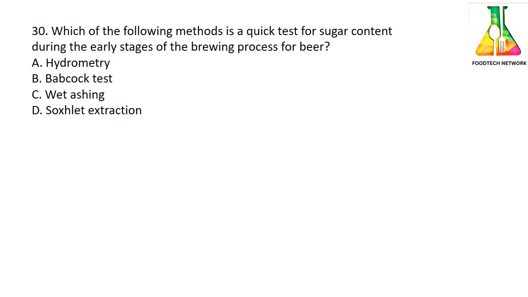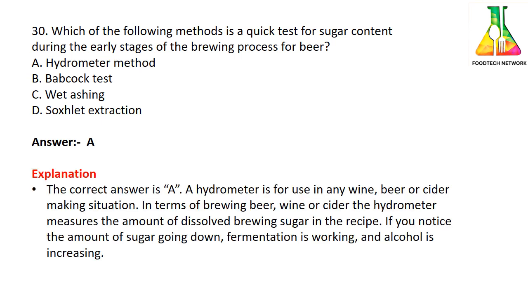Which of the following methods is a quick test for sugar content during the early stage of the brewing process for beer? Option A, hydrometry. Option B, Babcock test. Option C, wet etching. Option D, soft lead extraction. So the right answer is hydrometry.